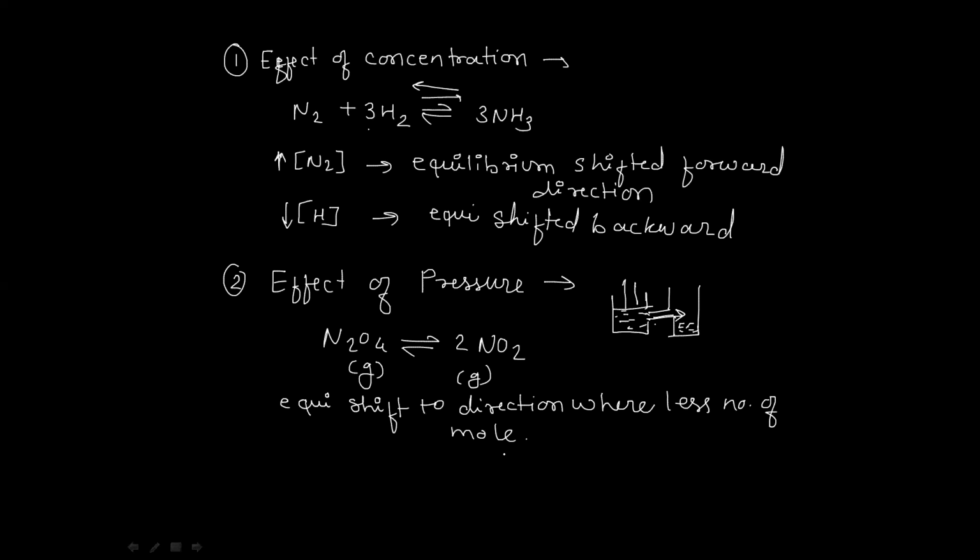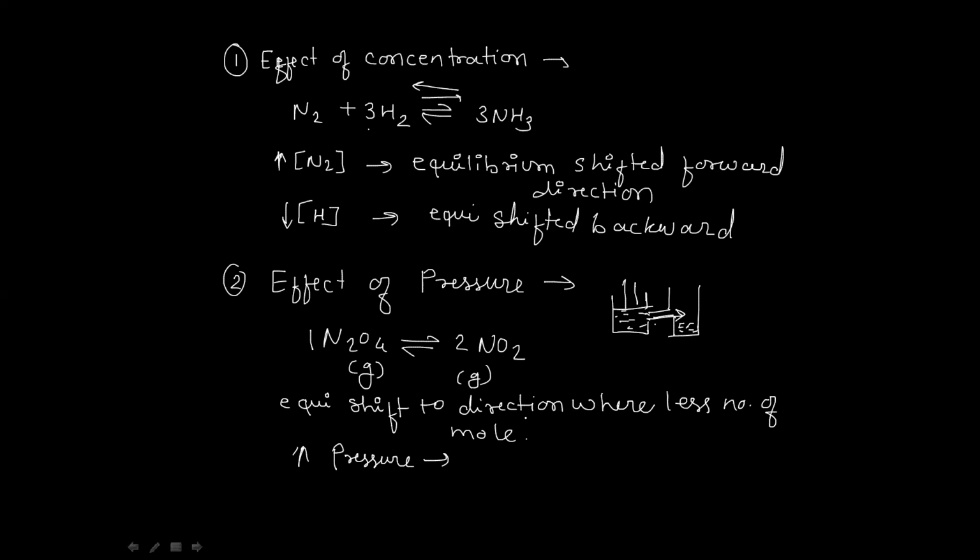1 mole of gas, 2 moles of gas. Here we can see it is 1 mole of N2O4 and 2 moles of NO2. Now if I increase the pressure in this reaction, where will the equilibrium shift?